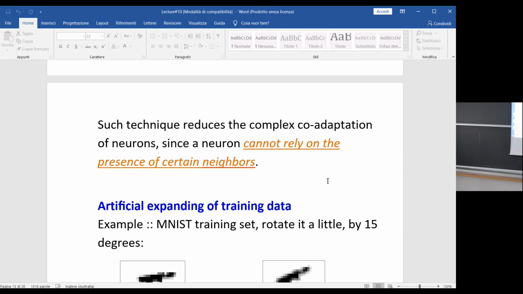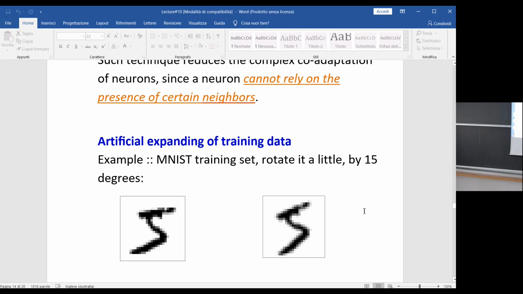So having 60,000 training samples, we can transform such images, for example, rotating them a little by 15 degrees, but not only, by different values of degrees.